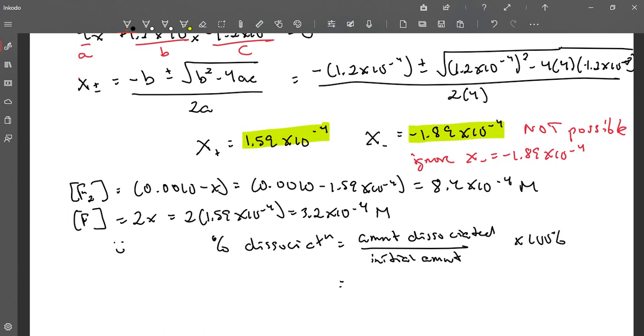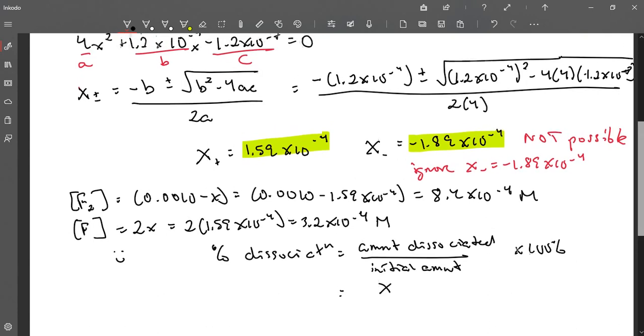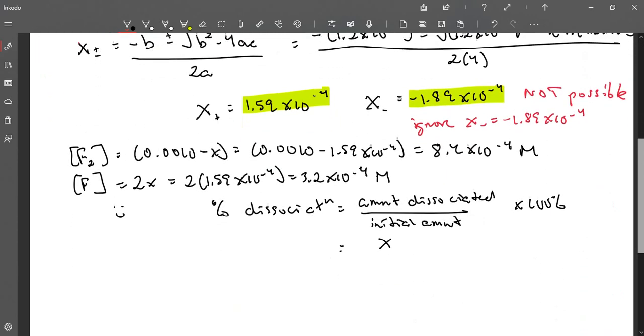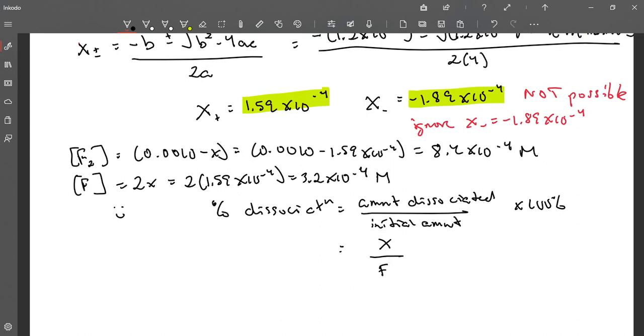Putting this all together, our percent dissociation is going to be our x value. Back to our ICE table to see why I chose it. How much really dissociated of F2, and how much do we initially have of F2? Just notice though, it's not just 2x.